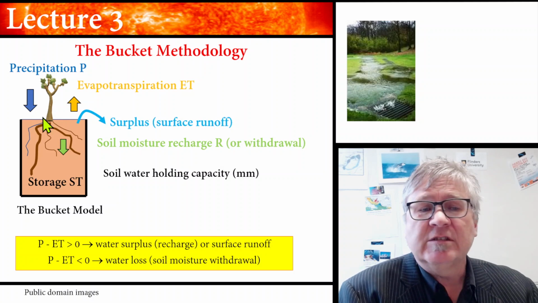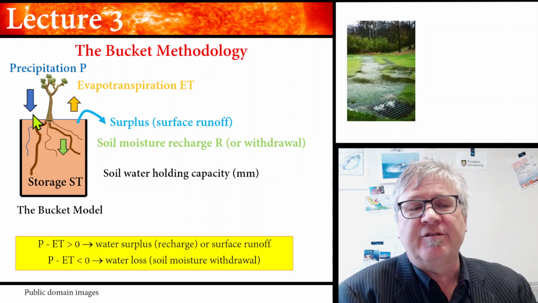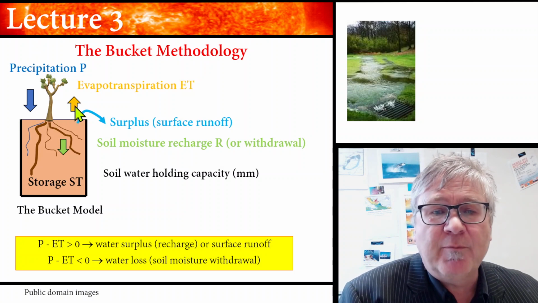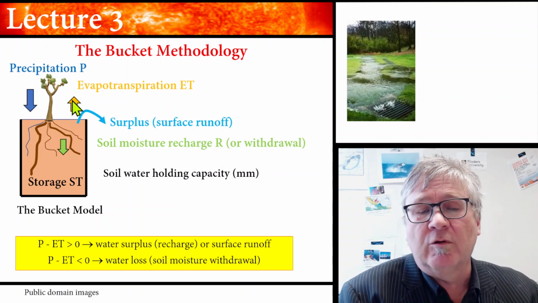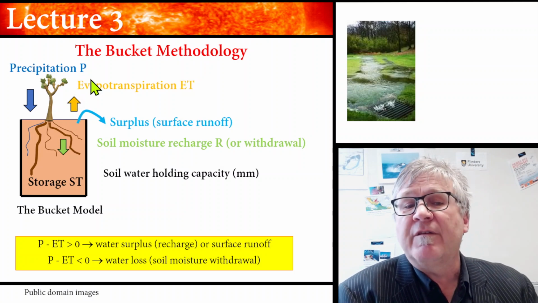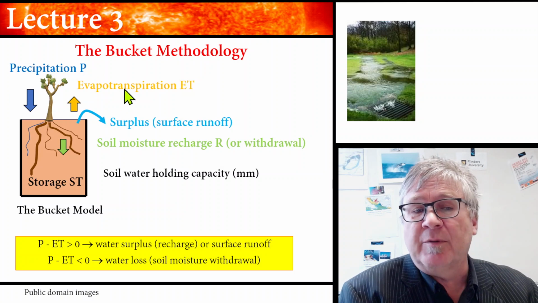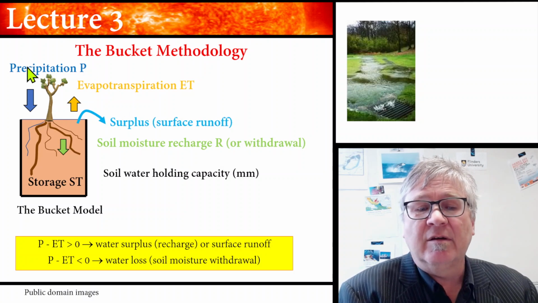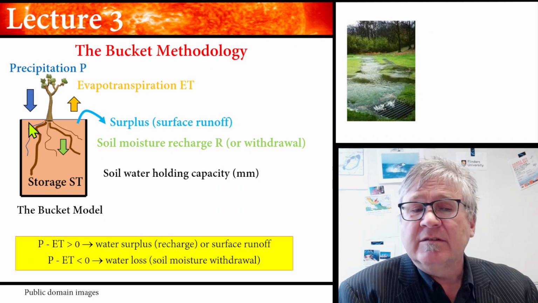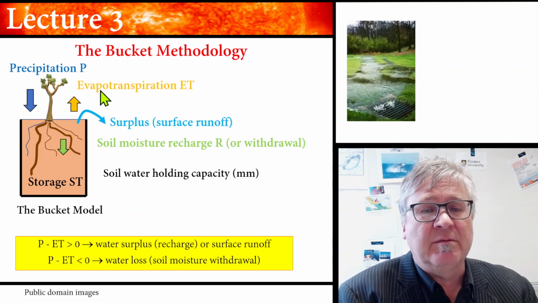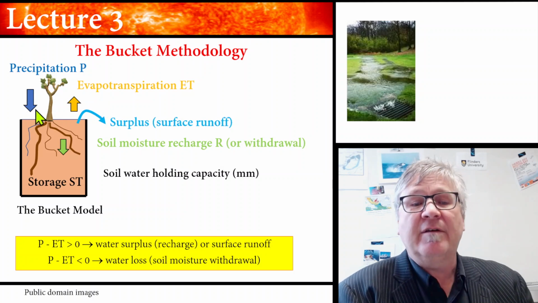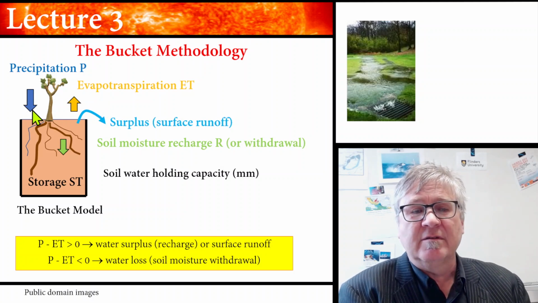At the surface you have precipitation as a source of water, and you have evapotranspiration as a loss of water. Now if you have a surplus of water, it's about the balance. It's about P minus ET. If you have more precipitation than ET, then you have a water surplus.